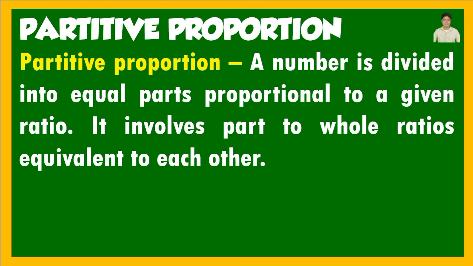So, pwede rin namang number of candies, hinahati into 4 persons o 4 kids. Ayan. And then, may particular na ratio ang nakalagay na kailangan nating i-solve. Siyempre, para mas makita natin kung ilan ba ang number of candies na ibibigay natin dito, ilan ang matatanggap nito, ilan ang matatanggap niya.